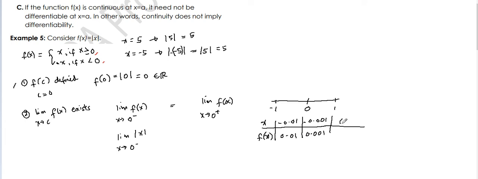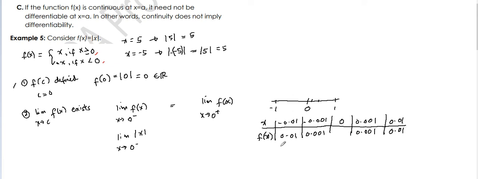Ito naman sa right, kuha natin ng dalawa. So, we have here, dito naman tayo kukuha ng mga values. So, we have 0.001 and 0.01. And ang absolute value nito is again 0.001 and 0.01.